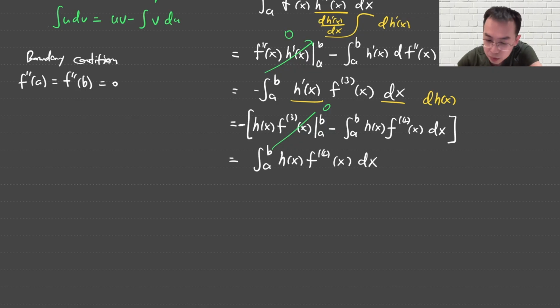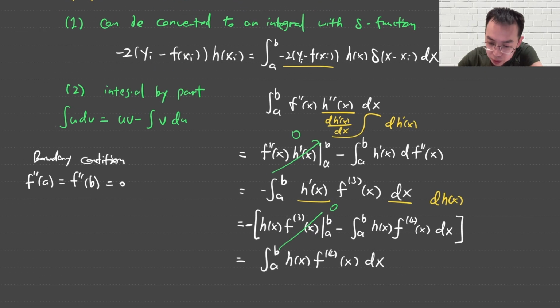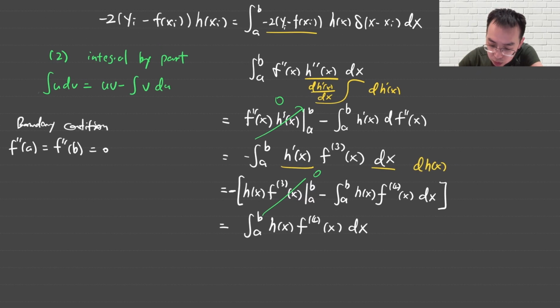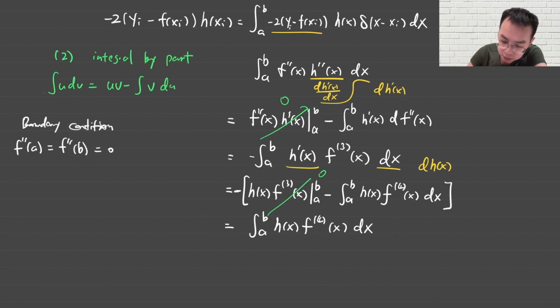Okay, now we are happy. And let's just bring everything together, the first and second term together. And so in the end, what we have is this equation, right? So it's going to be integral a to b. And then I'm just going to take out the h of x from the two terms.